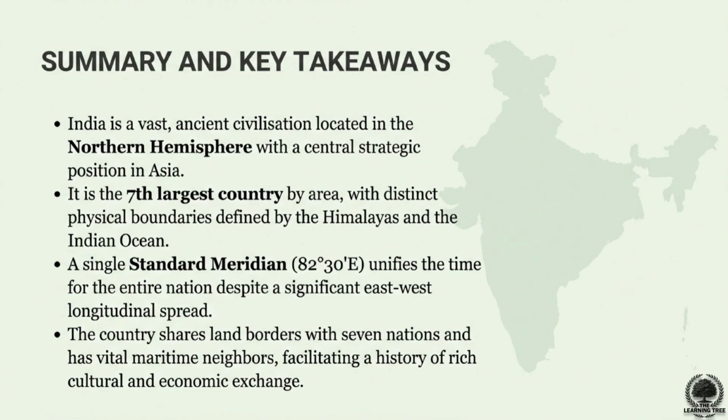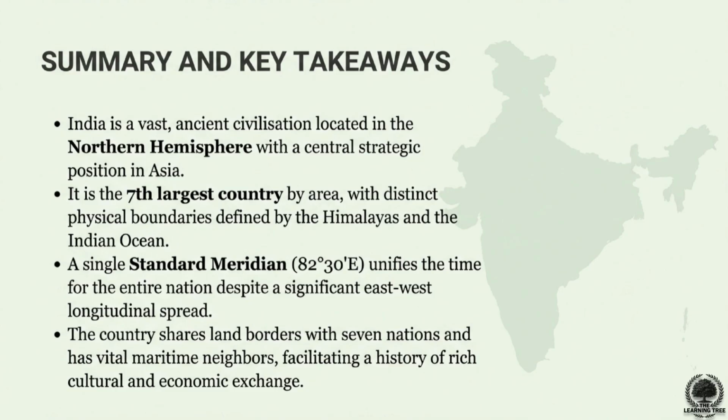In conclusion, India is a vast and ancient civilization located entirely in the Northern Hemisphere. It occupies a central and strategic position in Asia and along major oceanic routes. As the seventh largest country in the world, India has well-defined physical boundaries formed by mountains and seas.